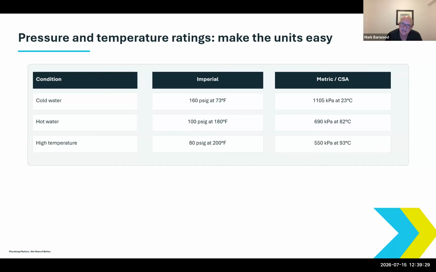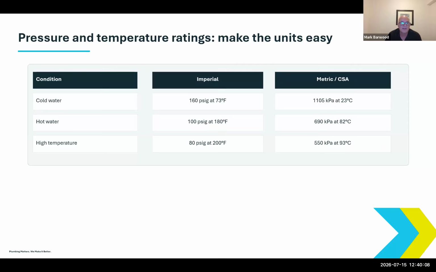Residentially, in high rises, boilers are firing at 140 F. In a lot of designs I see, the mixing valve is after some of the PEX, so it has to tolerate at least 160 degrees F. A lot of manufacturers are saying you shouldn't put higher than 140 degrees F to the pipe, and that it wouldn't be warranted. I have seen a little bit of that lately. High temperature would only be rated 80 psi at 200 F, and that's very hot water, so 550 kilopascals at 93 degrees C.